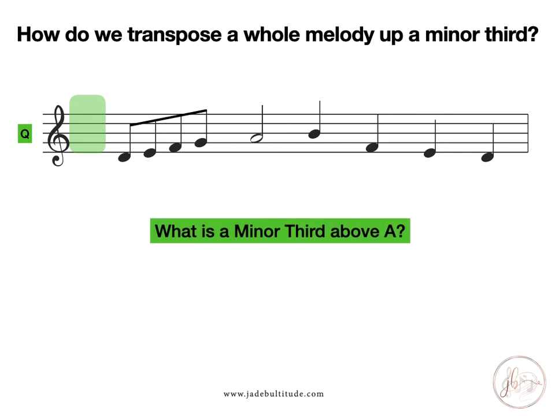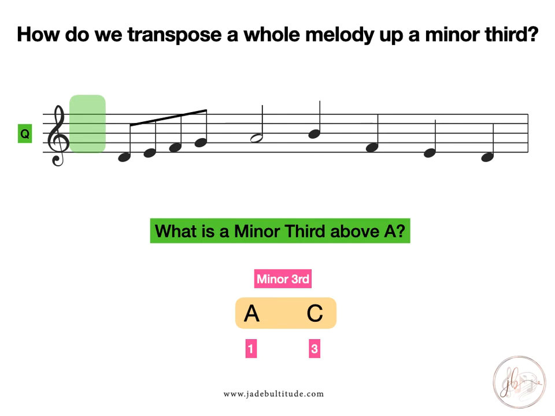So what is a minor third above A? A minor third above A is C natural. So this means our transpose key will be C minor. Remember, if you are starting with a minor, the key you are transposing to will also be minor.